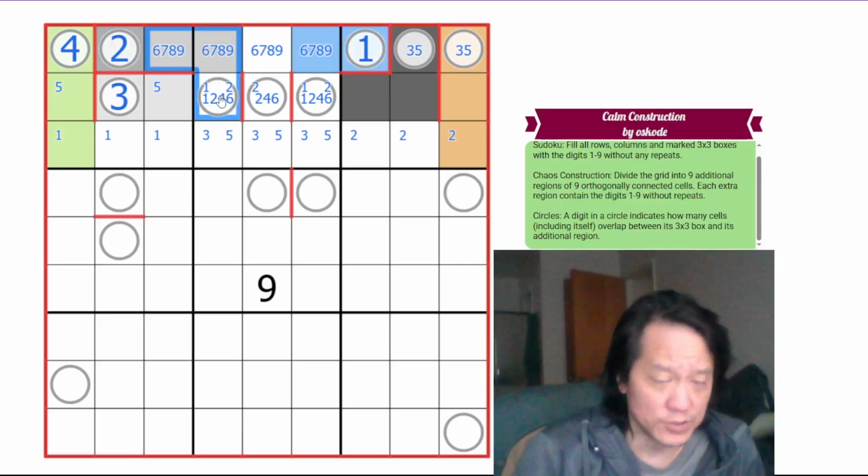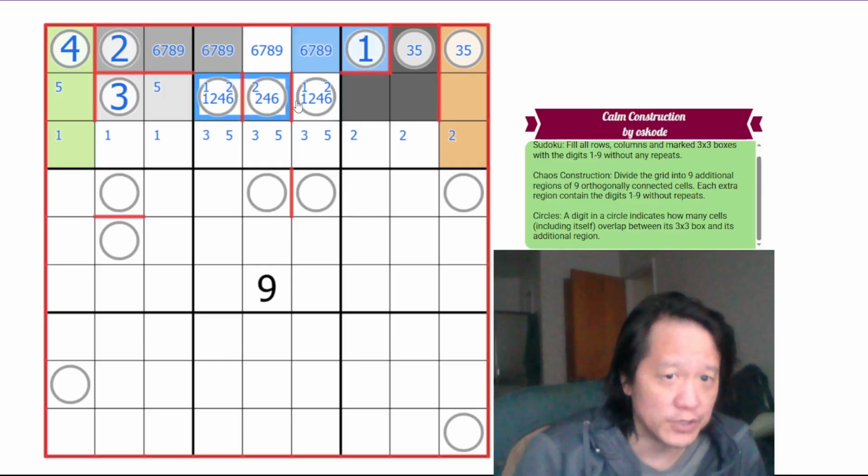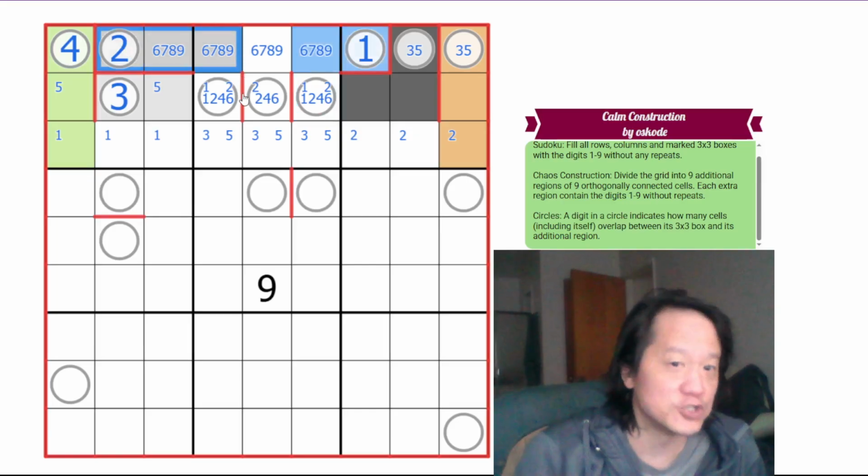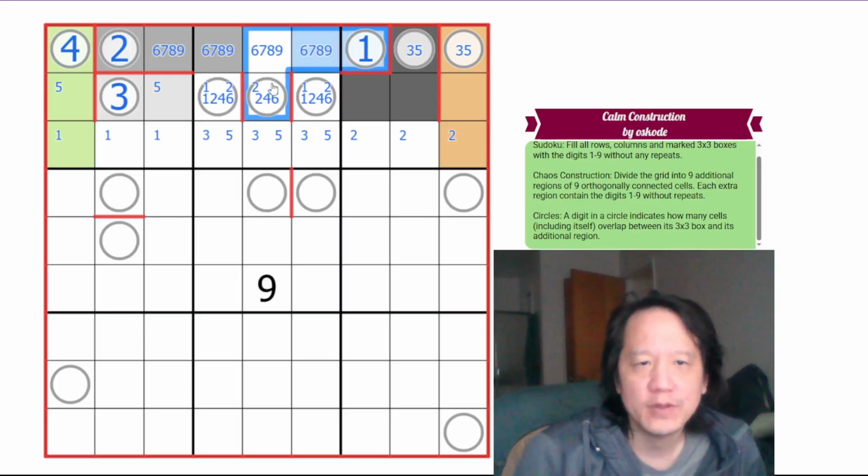This can't be 2, but we know we have a guaranteed 2 here somewhere. So this actually must be the same region then, right? Because if it's just 2 here, this can't form a full 9-cell region because it's stuck. If this can't have a 2 here, so it has to have 4 or 6 as the region for here, and it therefore has to be the same one. So these are all the same.